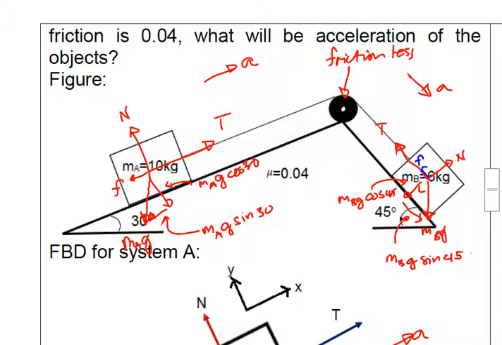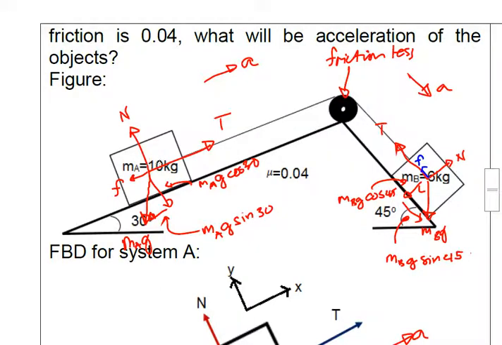As the angle becomes bigger for B, though it is only 6 kilograms, the drag of the net force will still be in this direction. If this one is 10 kilograms also, then it will accelerate the same in this direction.